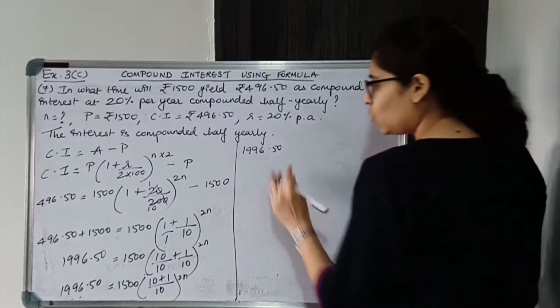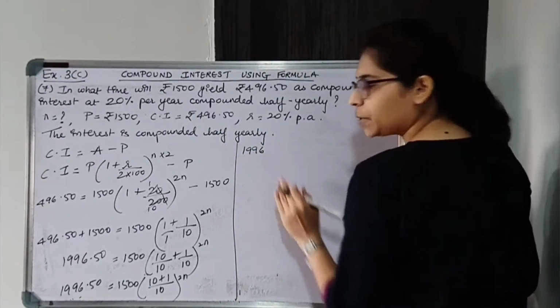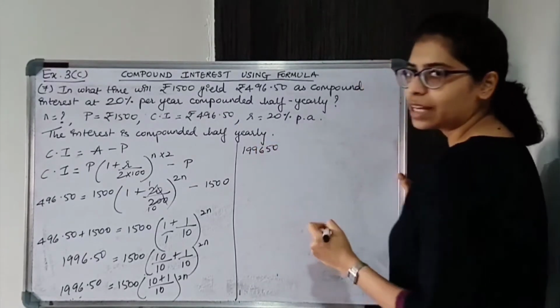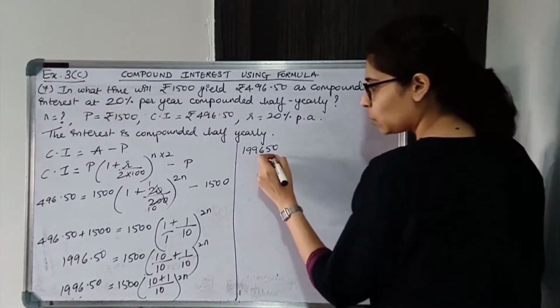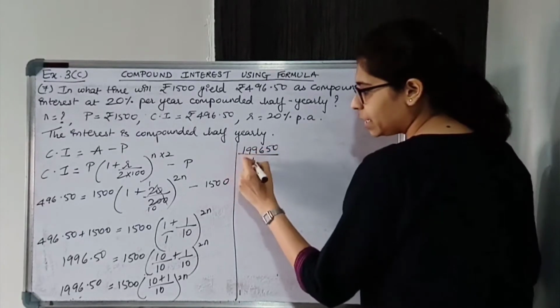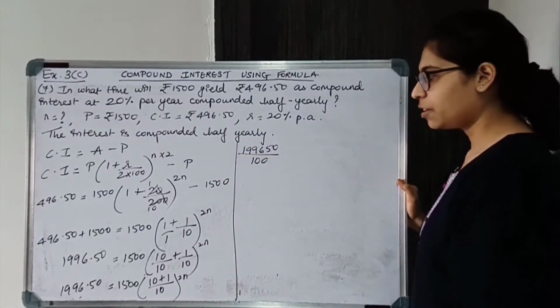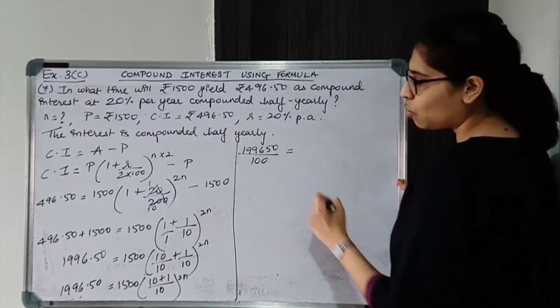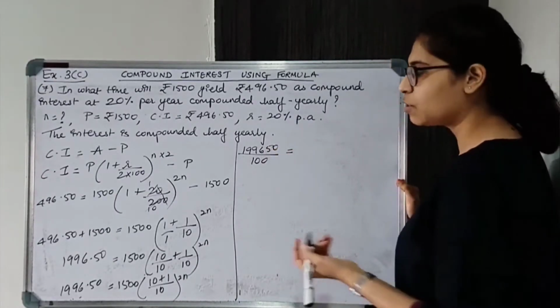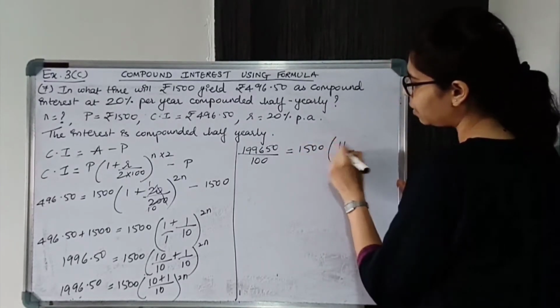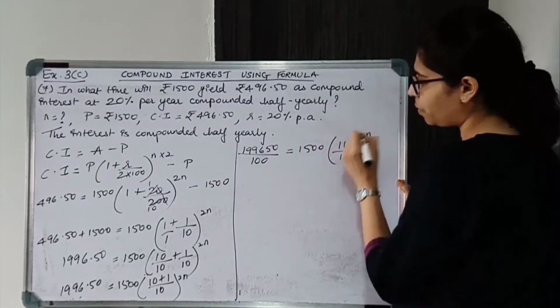Now let's remove the decimal point. So 199650, that is we multiplied by 100. So simultaneously multiply by 100 in the denominator. So it will become 199650 upon 100 is equal to 1500 into (11 upon 10) raised to 2n.